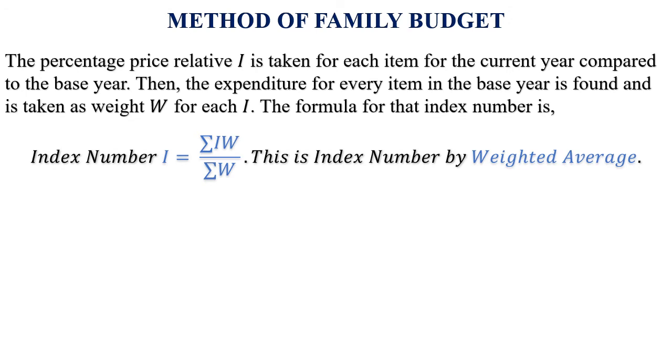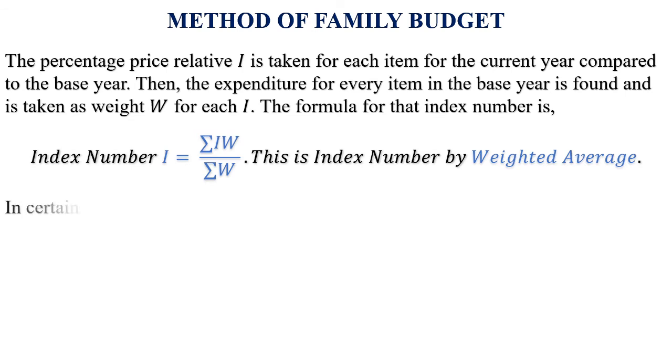If in the data W is directly given, naturally we are going to use the IW method. If in the question it is written specifically to use the family budget method, we have to use the family budget method. If in the question the current year and base year prices are given and the quantity of base year or current year is given and nothing is mentioned, then we will use the total expenditure method. And if it is specifically mentioned to use the total expenditure method, we will use that.